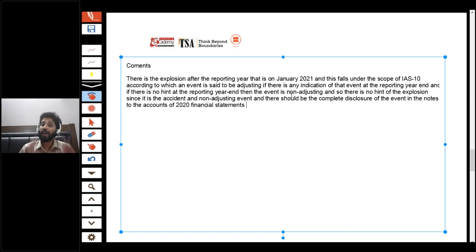Now you should write complete what disclosures you are supposed to make in the financial statements, and disclosure should cover the nature of explosion, the loss of $0.9 million, because there was a loss of 0.9 million.